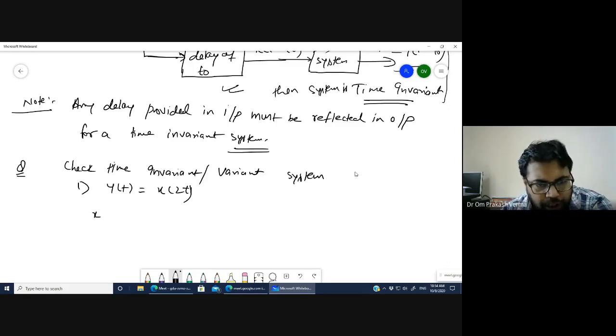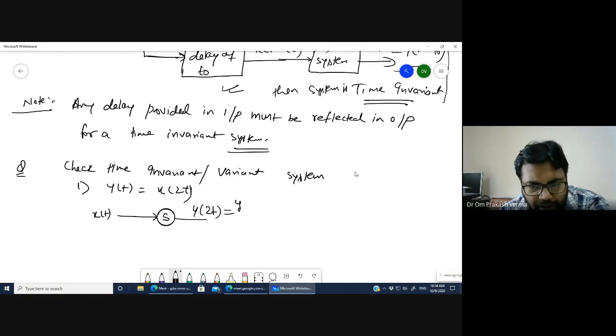So I am demonstrating this with the procedure. First, you are passing the signal through the system. System will produce y of 2t, right? Let's say this is y1(t).